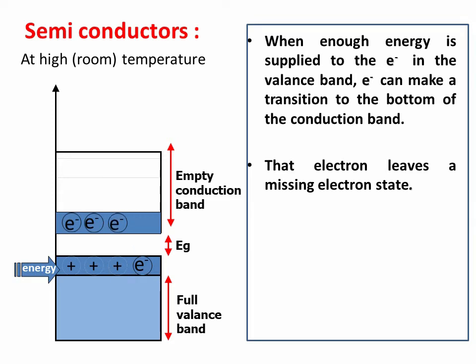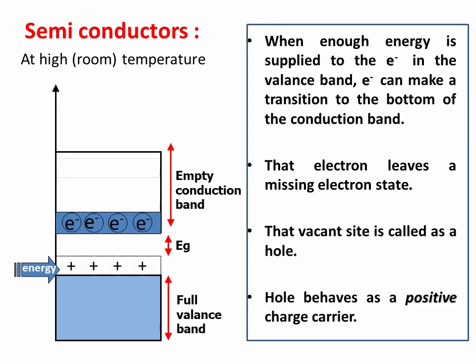The electron leaves a missing electron state. That vacant site is called a hole. The hole behaves as a positive charge carrier since it is the absence of an electron.